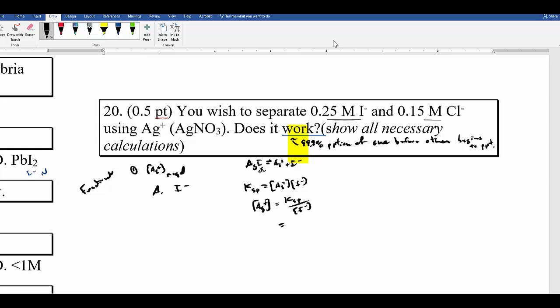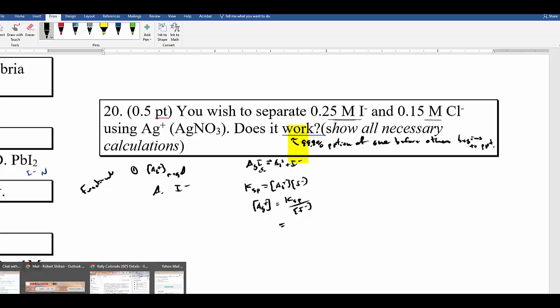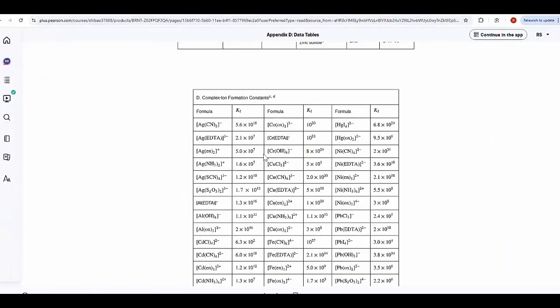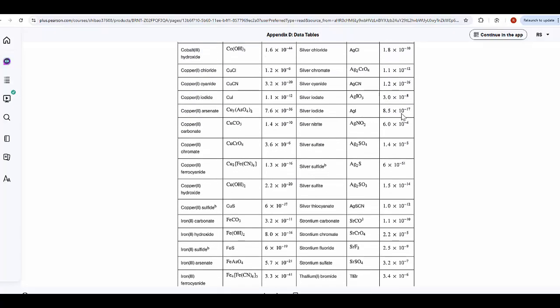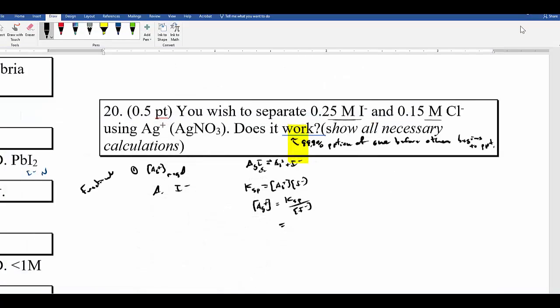And so we'll need the KSP value for silver iodide. Silver iodide is 8.5 times 10 to the minus 17, divided by the iodide concentration of 0.25.